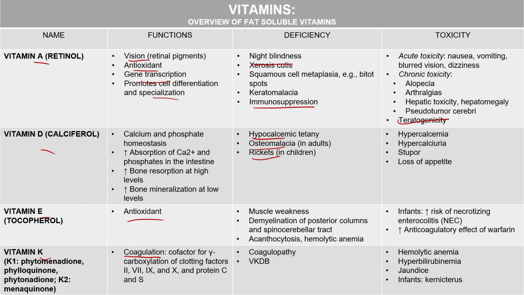So if we do not have enough vitamin K, we have coagulopathy. If we have excessive vitamin K, it can lead to hemolytic anemia, and all the consequences of it.